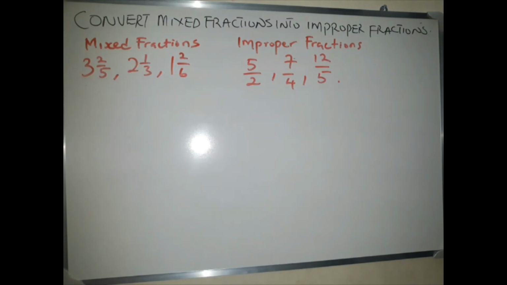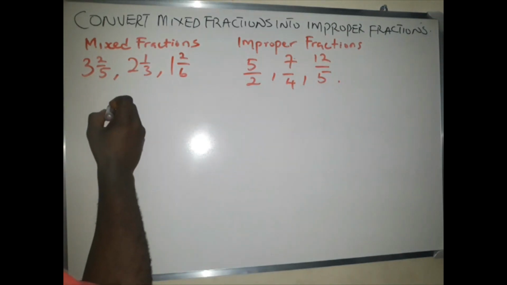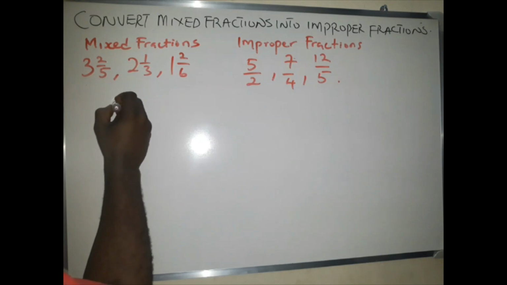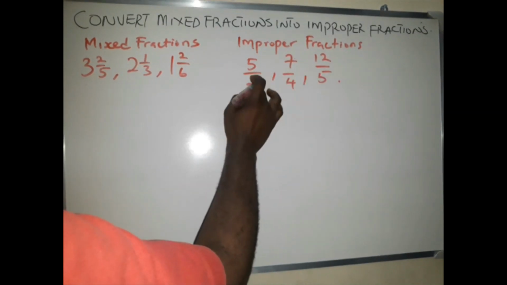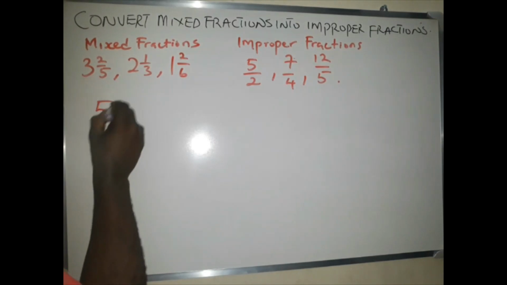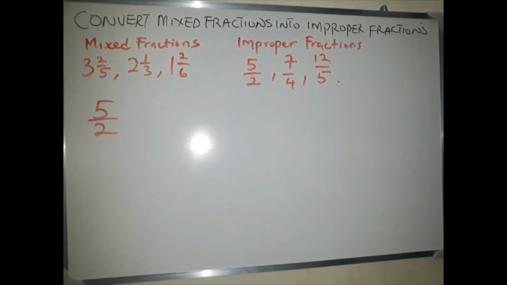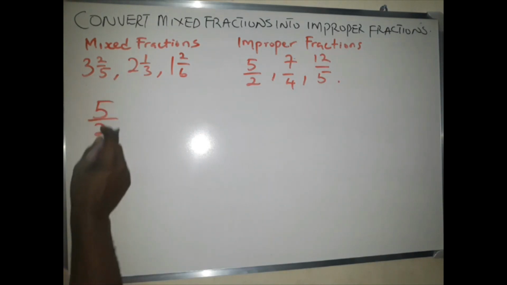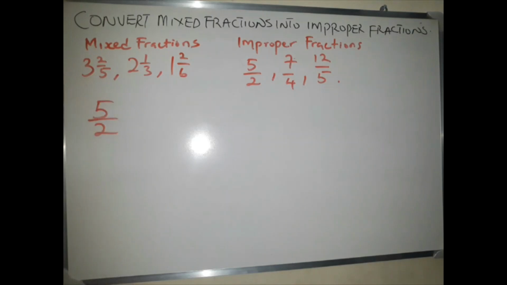Now, let's look for an example of an improper fraction. Let me use this 5 over 2. 5 over 2 is an improper fraction. I will now want to convert it into a mixed fraction. Now, what do you do? The first thing you do is you divide the numerator by the denominator.